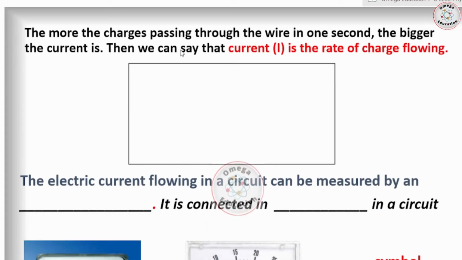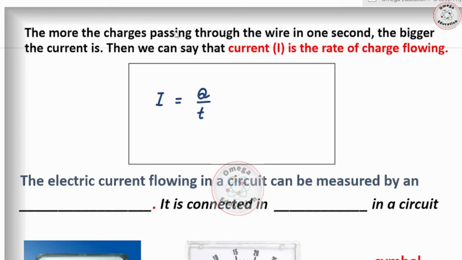The more the current passing through the wire in 1 second, the bigger the current is. Then we can say that current is the rate of charge flowing, and the rate of charge flowing would be written as I equals Q over T. Now, how do we know that?